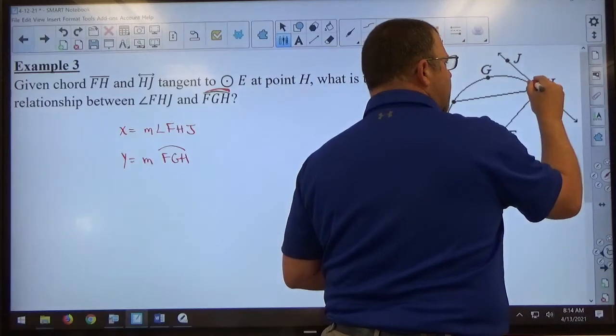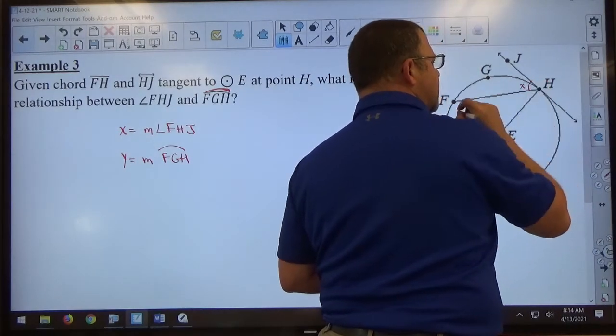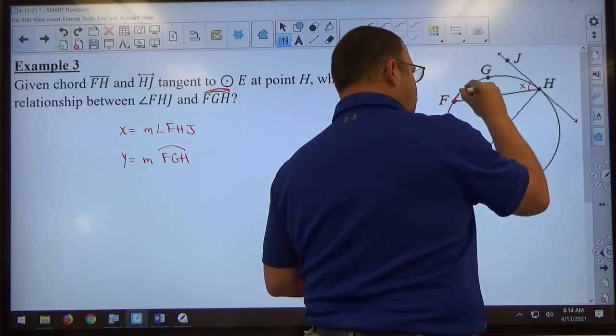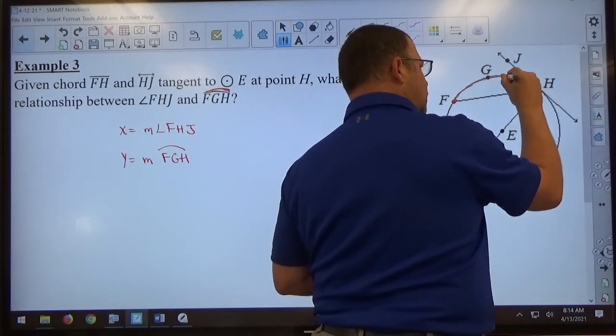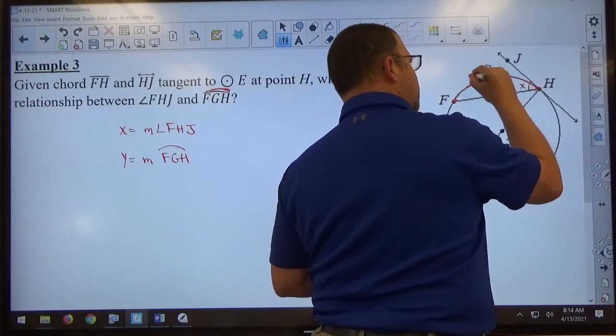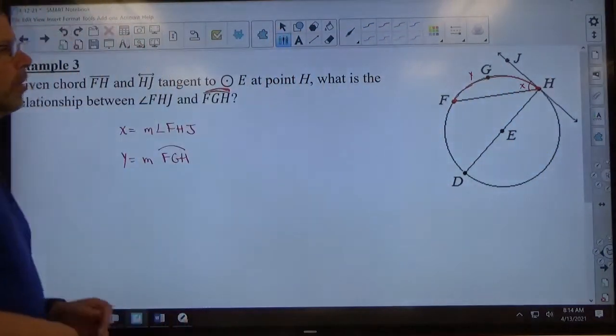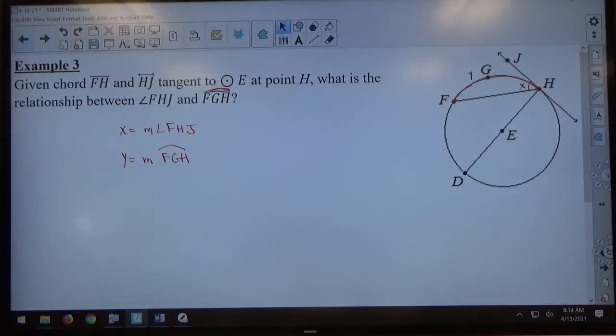So this little bit here is x, and from here around the circle to here is y. Now, looking at this picture, they've drawn in this diameter HD. Had they not, I might have wanted to draw it in, just to get something set in stone.